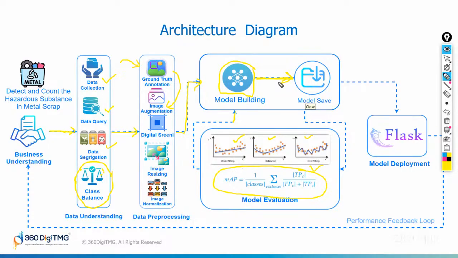Once we check the performance of the model and get feedback by going through several loops, we end up creating a UI using Flask, where we feed any data set and it will perform all the operations, and then it will also showcase the mAP value for each and every model.